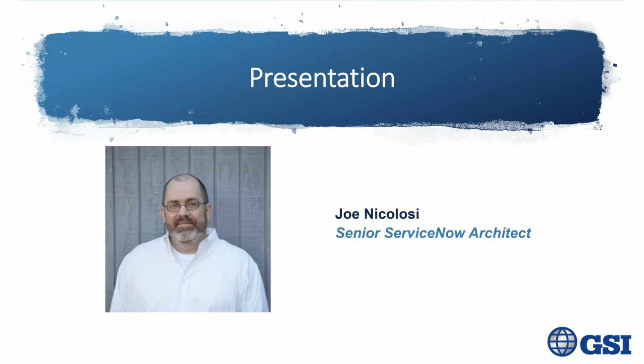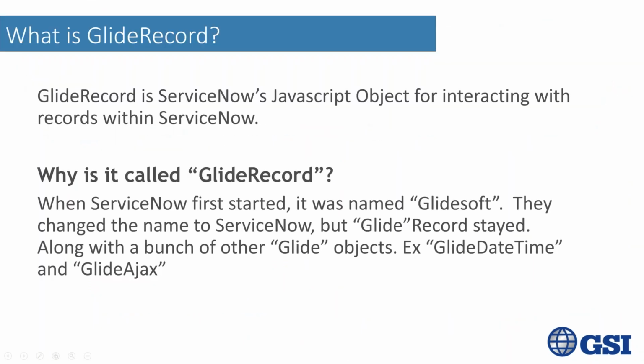All right. Okay. So we did this webinar as a special request to some people who were in one of my last webinars who were looking for a little bit more basic, 101 level ServiceNow education. So I decided this webinar would be a basic introduction to scripting in ServiceNow and using GlideRecord.